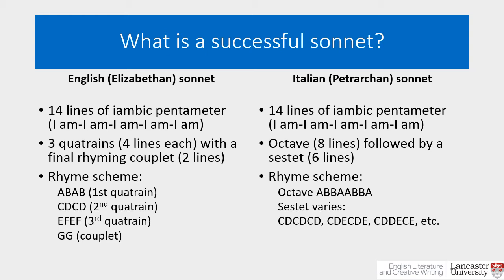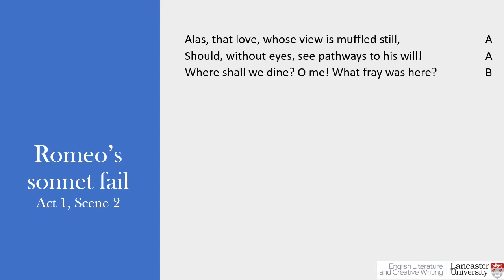So let's have a look at how Romeo's sonnet is going. Well, it's an absolute sonnet fail. You'll see right away that the first quatrain, the first 4 lines, isn't following the rhyme pattern.